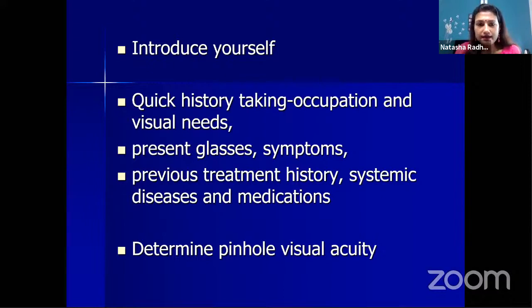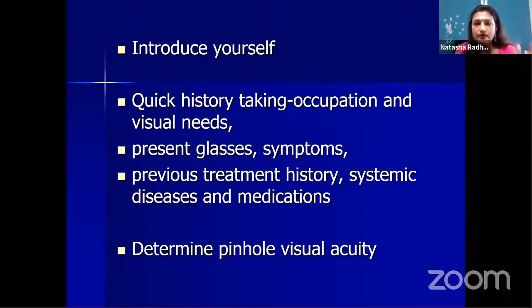Since we have not had a class on refraction before, here are two small tips on pinhole visual acuity. The pinhole eliminates all the peripheral rays and passes the rays through the principal axis, so that there is no refraction taking place. The pinhole visual acuity tells you how much the patient will improve with refractive correction. If you eliminate his refractive error, how much will he improve?